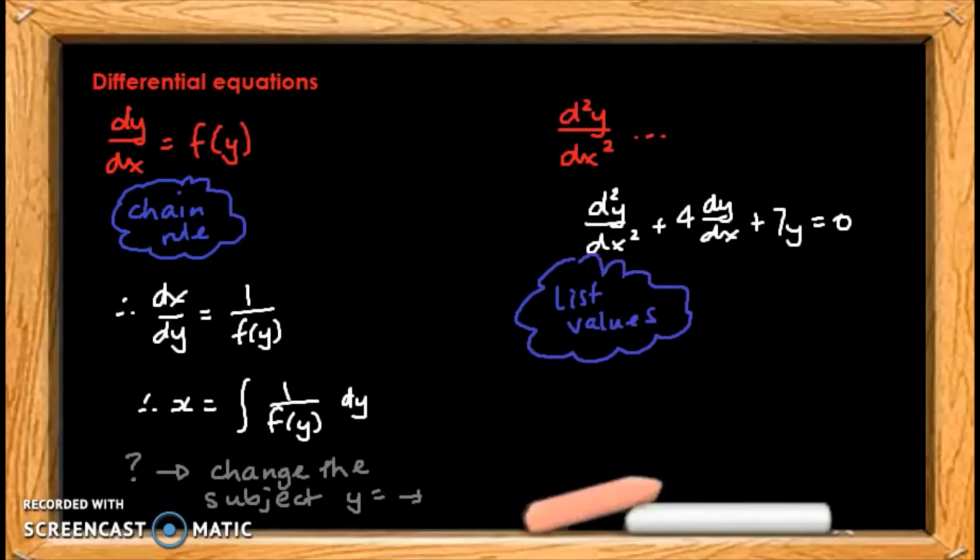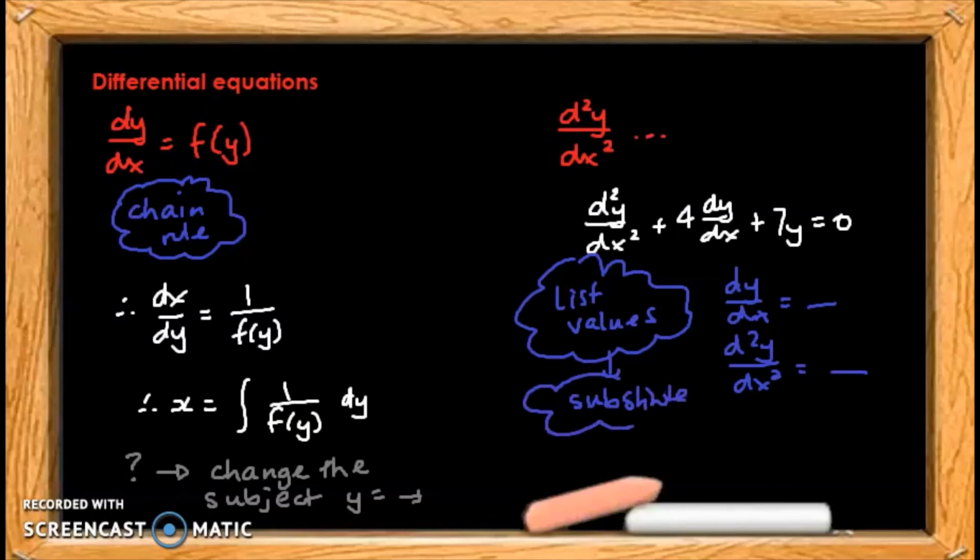So somewhere in your working out, you should write dy dx equals whatever it equals, and my double derivative equals whatever it equals, and then you substitute to either show what you need to show, verify what you need to verify, or find a solution that you need to find. That strategy will work in all of these questions when you have your double derivative.